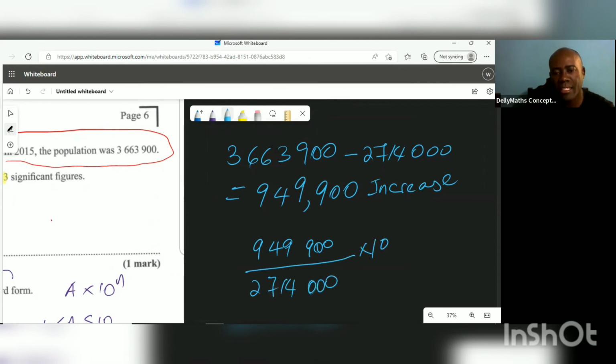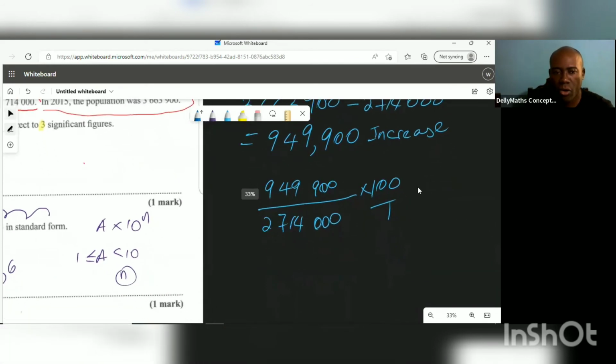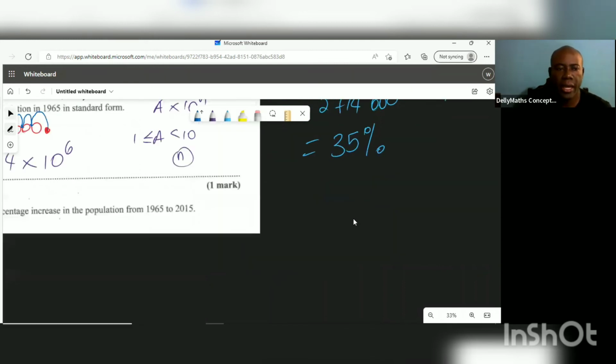Then we multiply this by 100 over 1, and we're good to go. It works out to about 35, so definitely there is a 35% increase. All right, good. So we handle that.